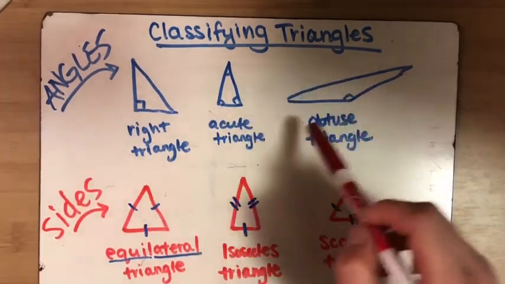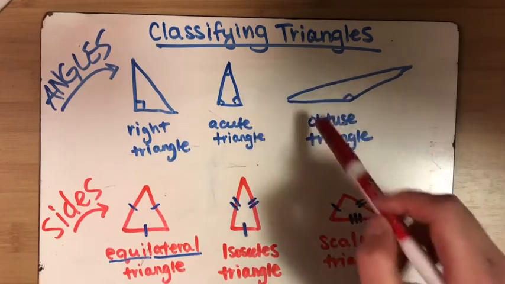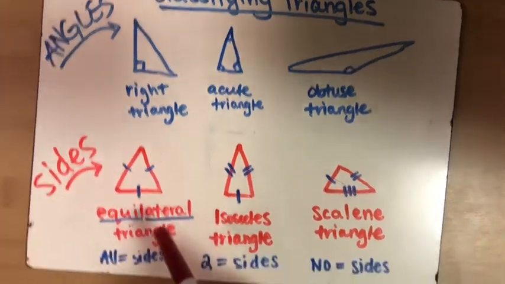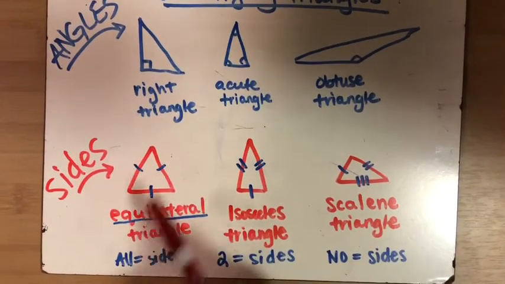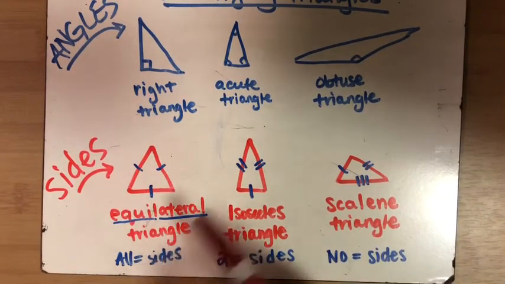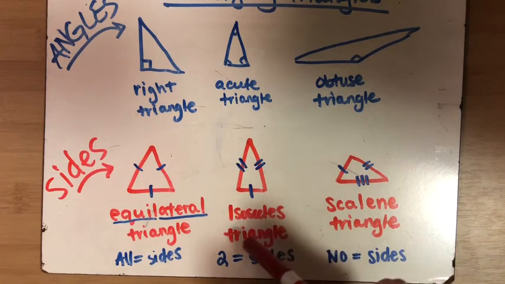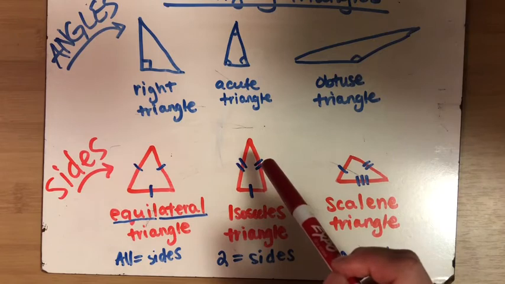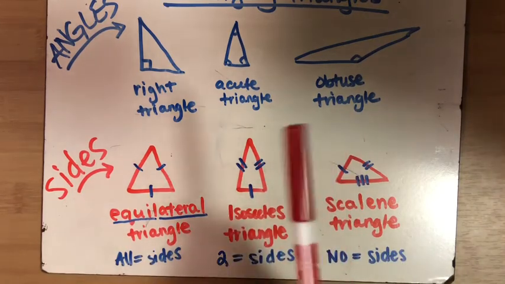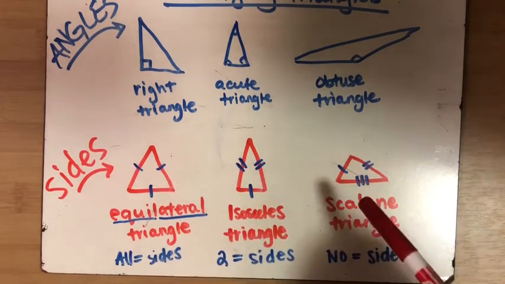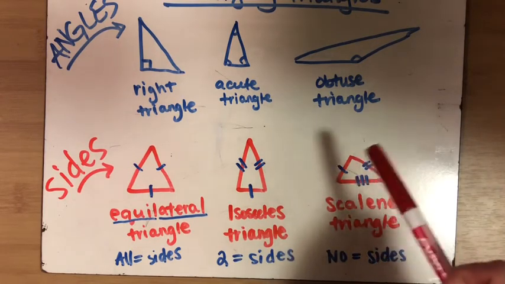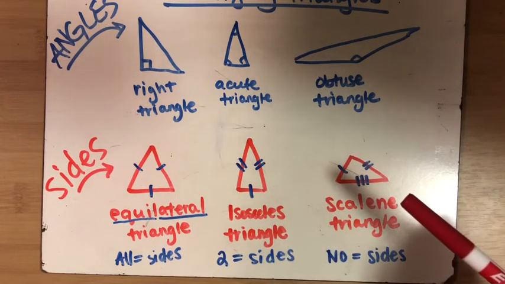An obtuse triangle means that it has one angle that is obtuse. For the sides, an equilateral triangle means that all the sides are the same length. They're all equal sides. An isosceles triangle means that two sides are equal. So this side and this side might be equal, but the third side is not an equal length. And a scalene triangle means that no sides are the same. Every side has a different length.